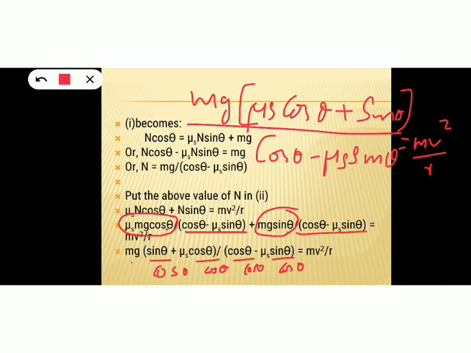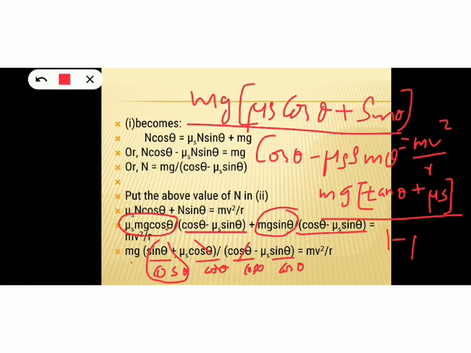Here you will get mg into, sin theta by cos theta is tan theta, plus here cos theta by cos theta will be cancelled, plus mu s divided by, in the denominator we have cos theta, 1 minus mu s sin theta by cos theta is tan theta.